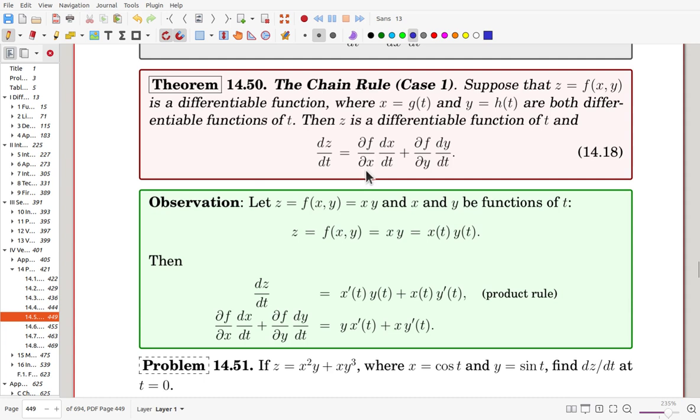As in the chain rule, x includes t and y includes t, so for this one you take a derivative, and for the t involved here, you take another derivative. So that is a kind of product rule. So that's the reason we get this formula. Okay.